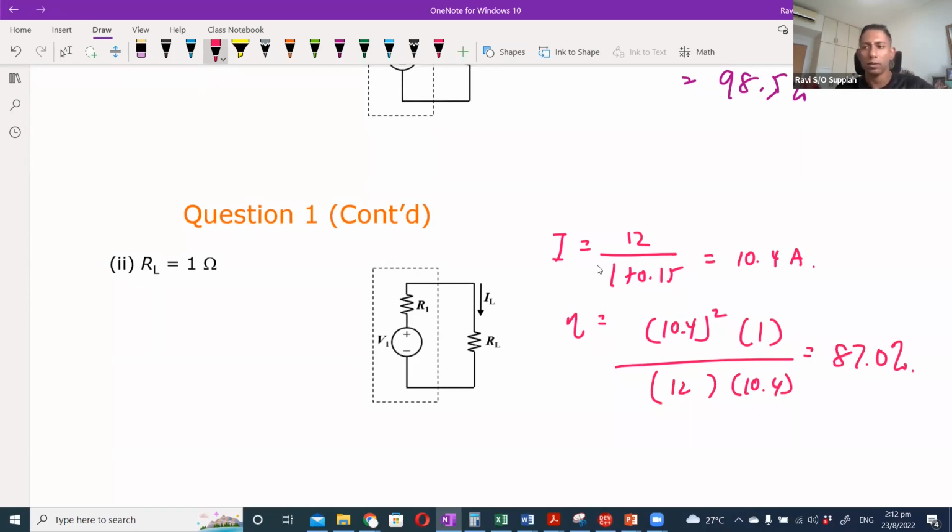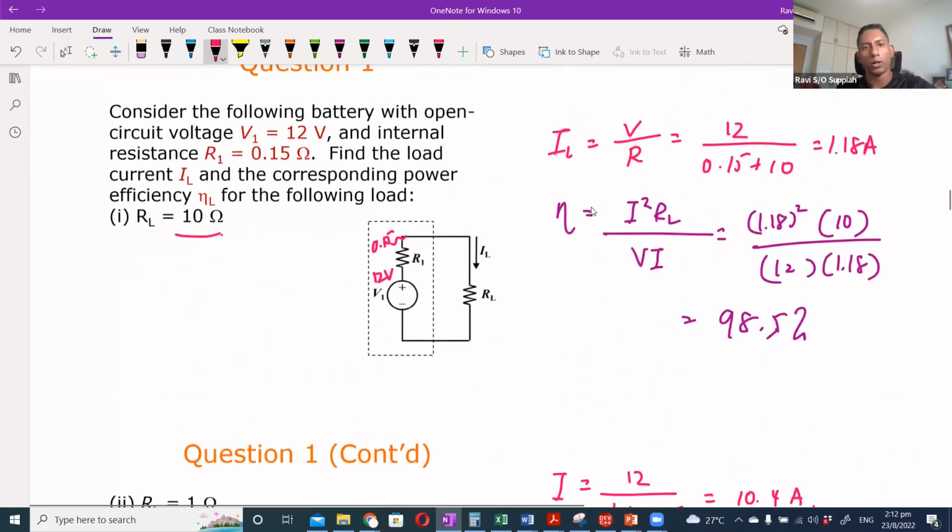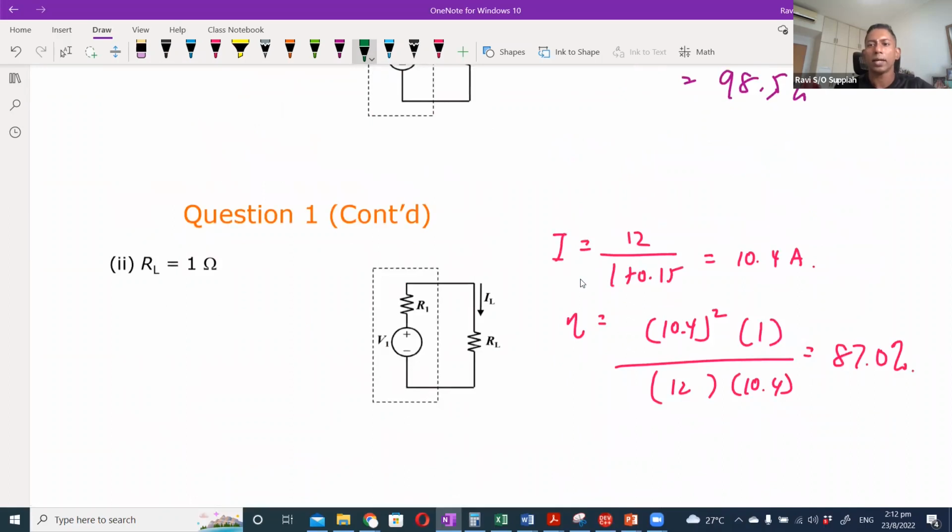From this you can see that when the current is high, you lose a lot of power, wasted within the internal resistance of the battery itself.